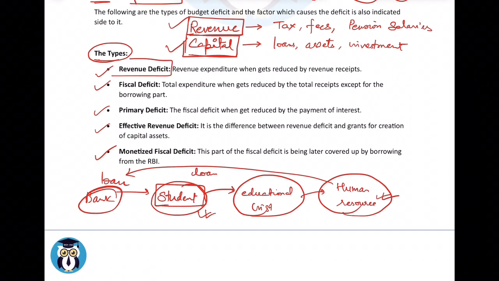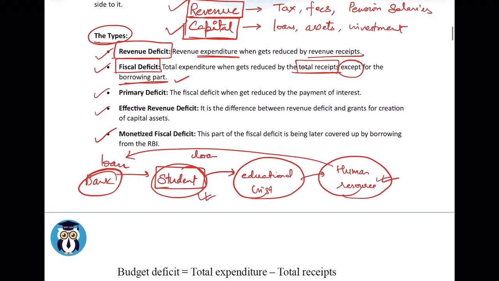In revenue deficit, the revenue expenditure exceeds the revenue receipts. Similarly, fiscal deficit is the total expenditure minus the total receipts, except for the borrowing part. We do not consider the borrowing part because it will lead to repayment.